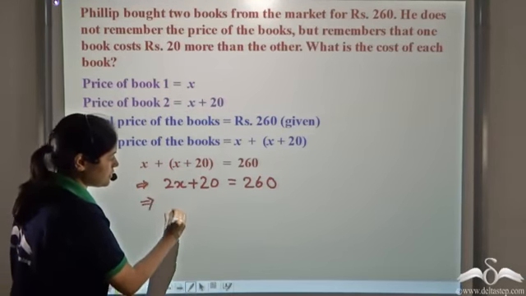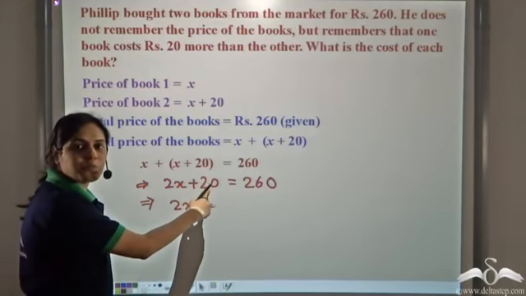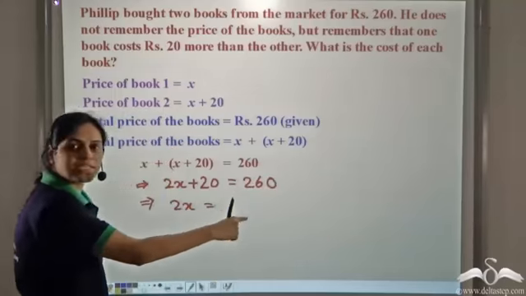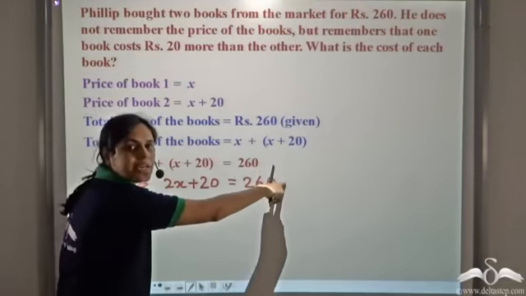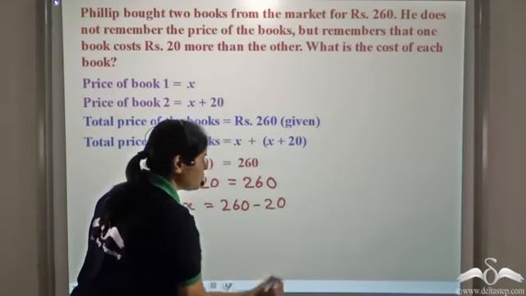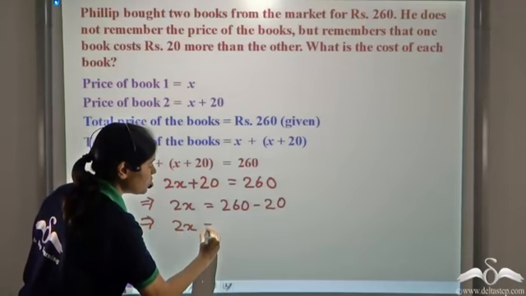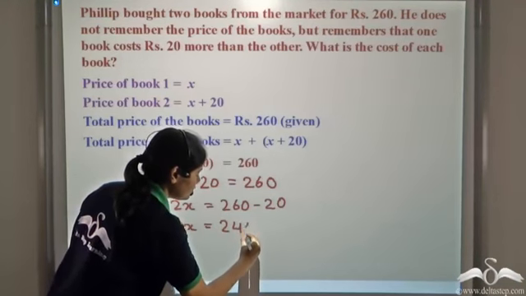This implies 2x is equal to, we transpose plus 20 to the right hand side and write it as negative 20, 260 minus 20, or 2x is equal to 240.